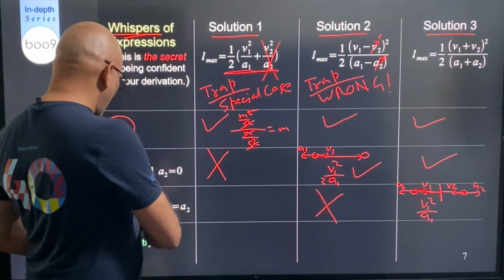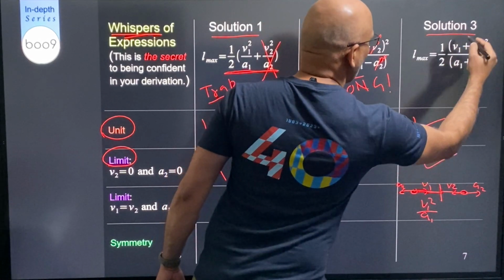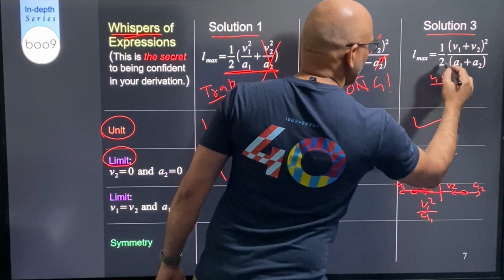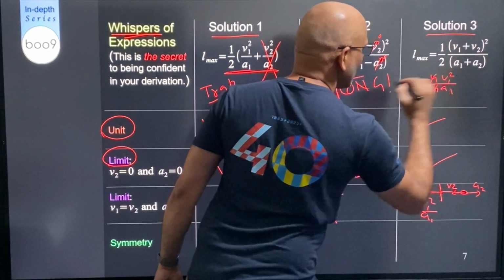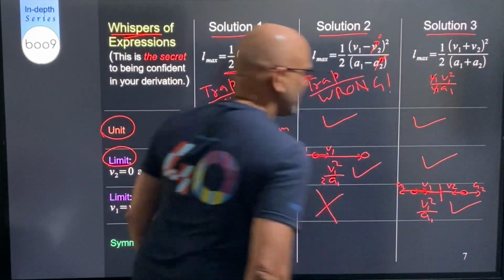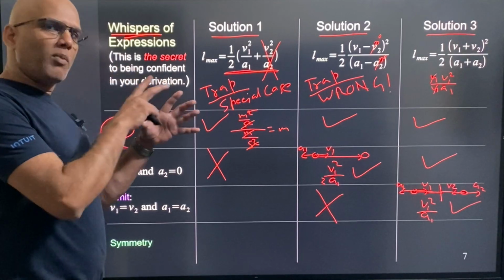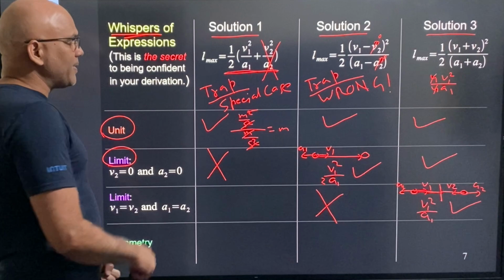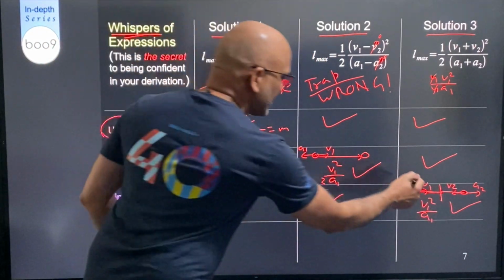If I put v1 is equal to v2, this is going to be 4 v1 square by 2 and 2a1, that is 4a1, the 4 cancels, v1 square by a1, so this checks. Now symmetry, there is not too much about symmetry here, but one simple thing that I wanted to bring up is that I named this as 1 and 2, but I could have named this as 2 and 1.